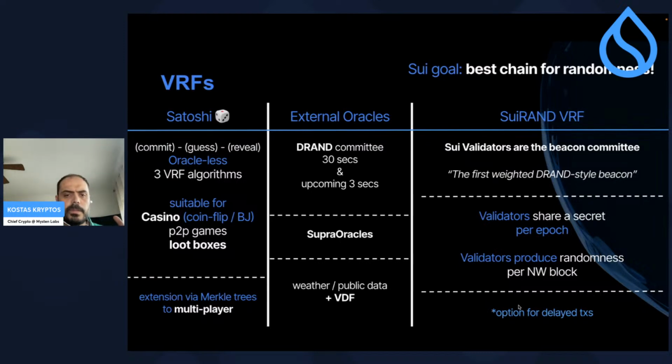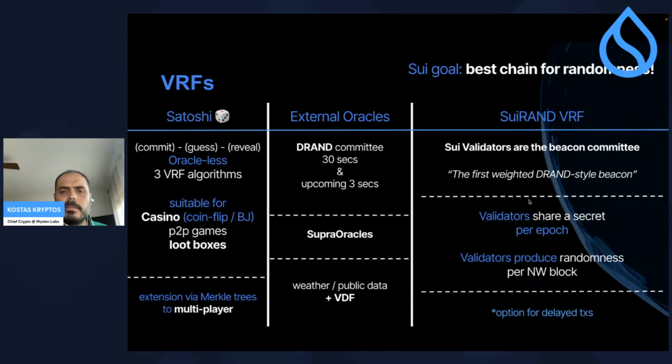So we explained before that DRAND is an external committee providing randomness. Our validators will share a secret between them per epoch, and they will produce randomness per Narwhal block, which means that per Narwhal block now you can have randomness in your applications. And we're working on this now. It will be a super cool feature. Not many blockchains are offering it.